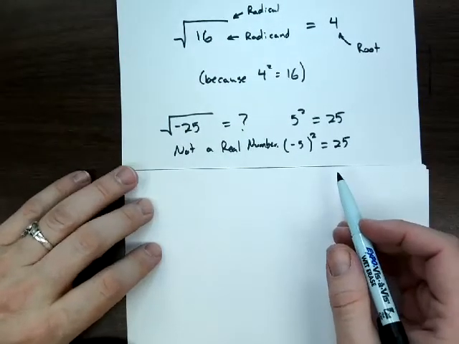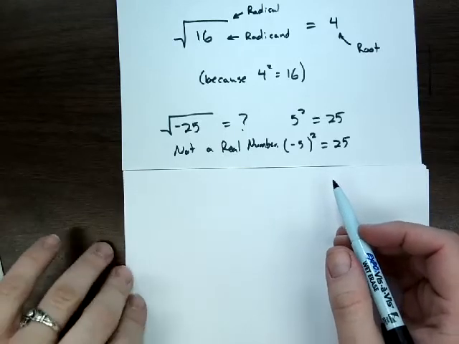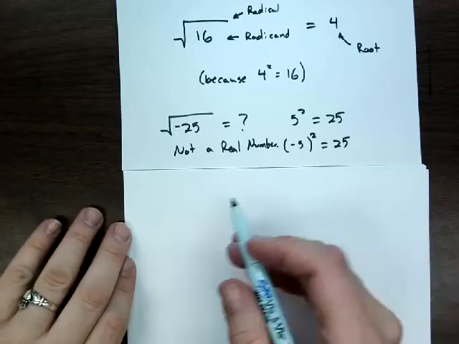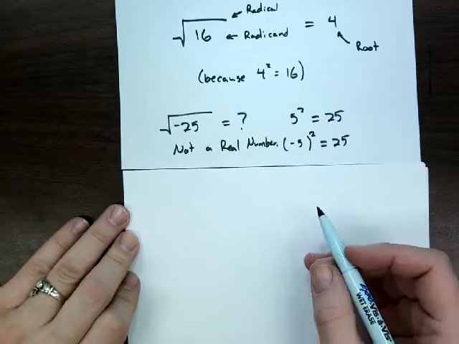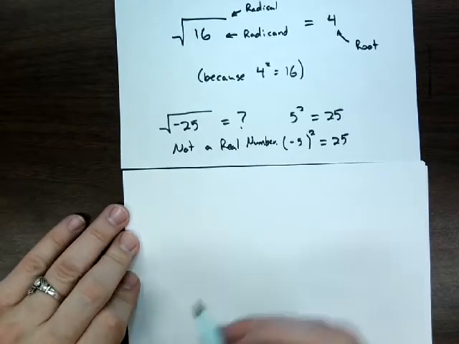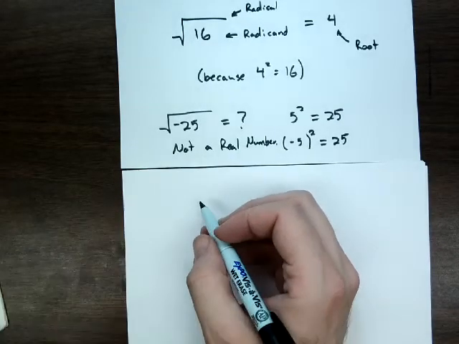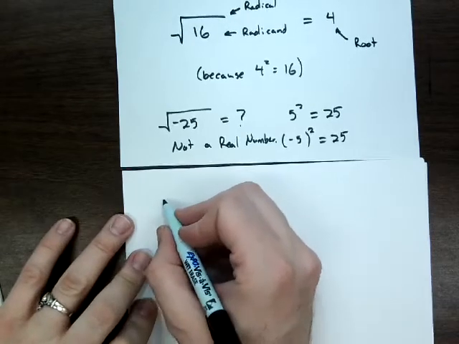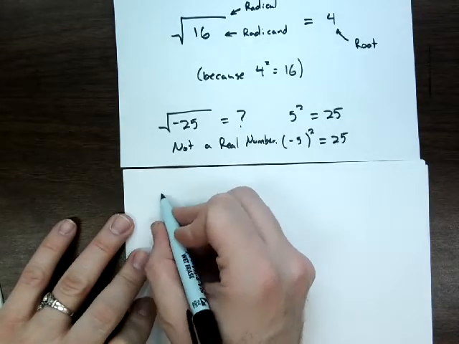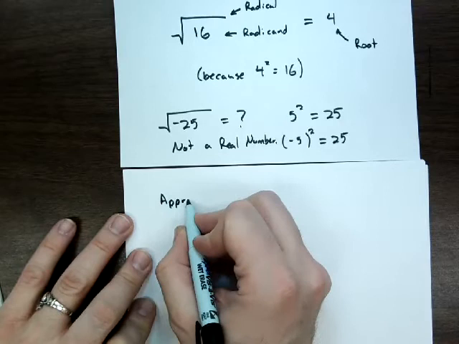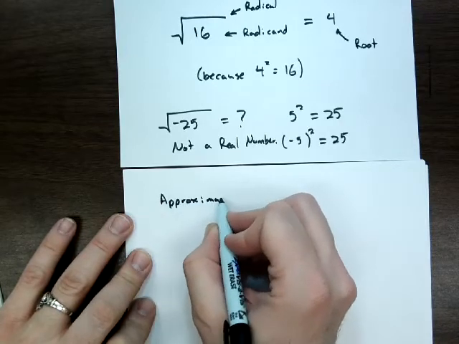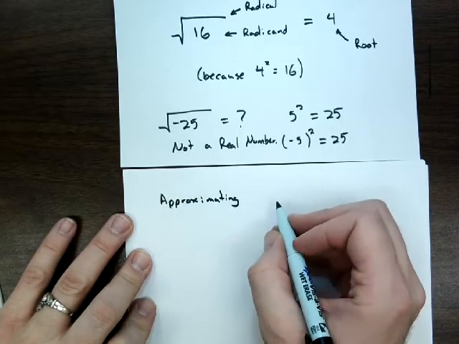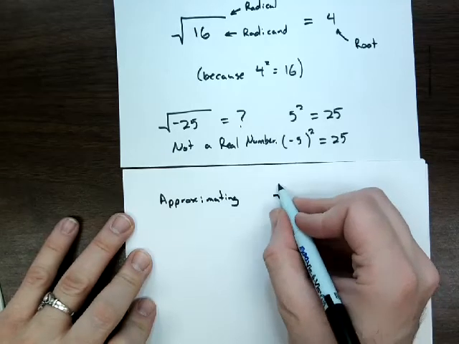Now, let's talk about some of the things that you're going to run into when you're doing this. We can talk about things like approximating. So we've got something like the square root of 7.